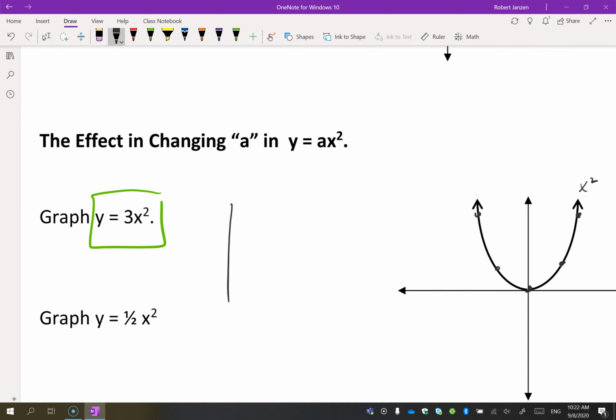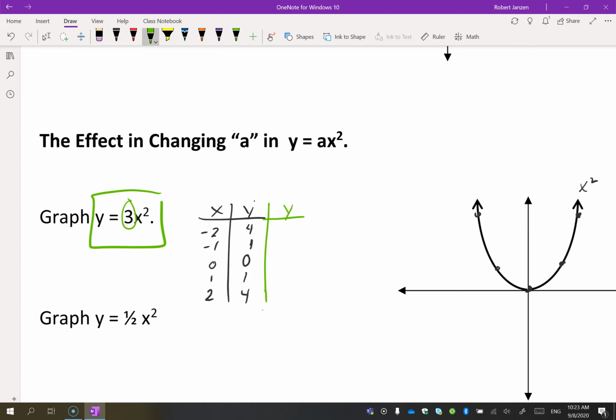For today, I'm going to look at the table of values because it helps us see what's happening, but after this, you won't need the table of values. You're just going to know what a does. So I want you to think about this. If I take a 3 and multiply every one of these, how does that affect my new y?